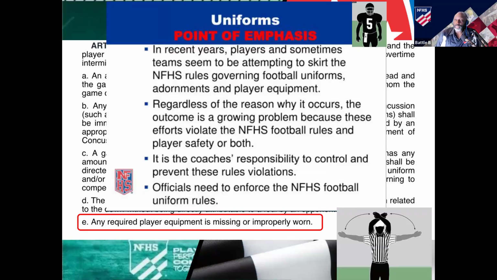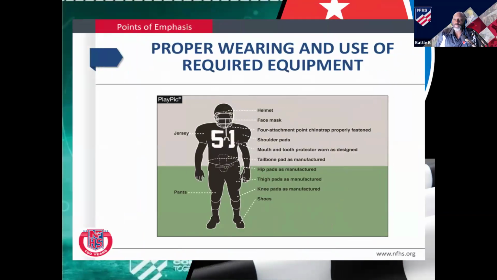All right. Proper wearing and using required equipment. And these are the uniforms that we see here that they're supposed to wear. We've got about 12 pieces here.